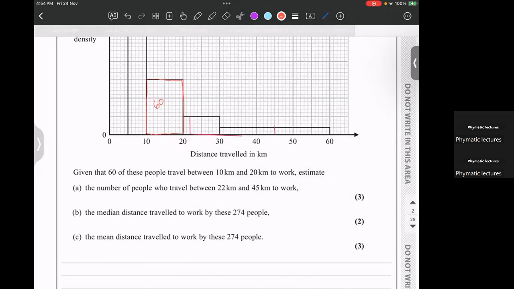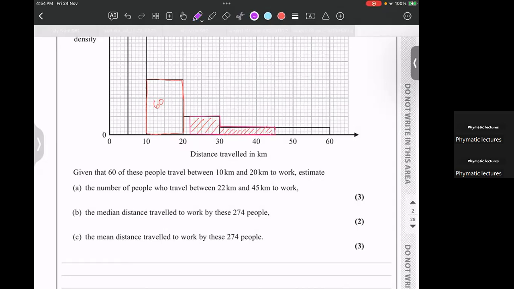If you want to find this particular area, we must know about the frequency density axis. Like, what do these 5 grids represent? We don't know that. So how will you answer this question?